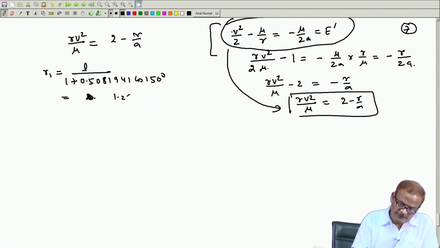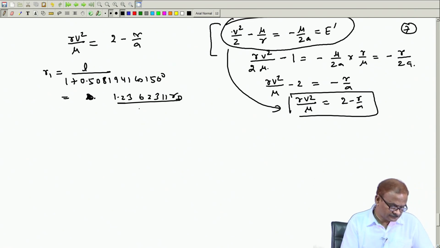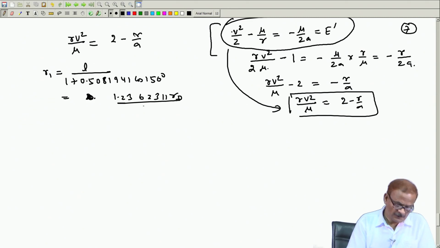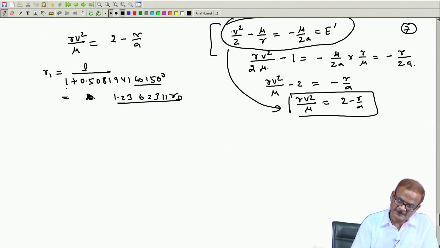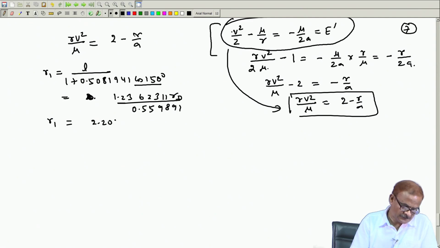So, L is known to be 1.2362311 R 0 divided by cos 150 degree. So, this will come with a minus sign, and therefore this value will reduce, and this value gets reduced to 0.559891, and therefore R 1 gets reduced to 2.2079853 R 0.